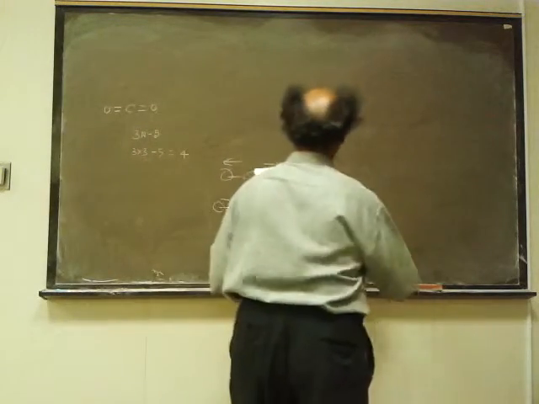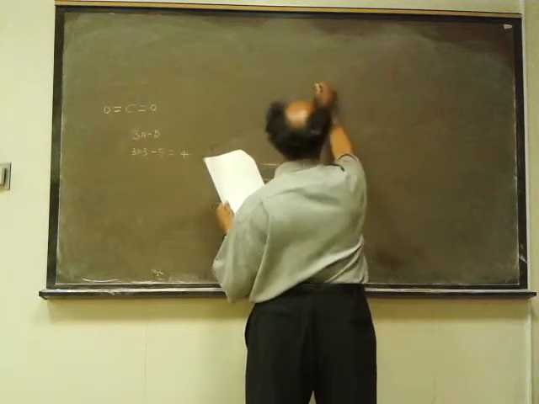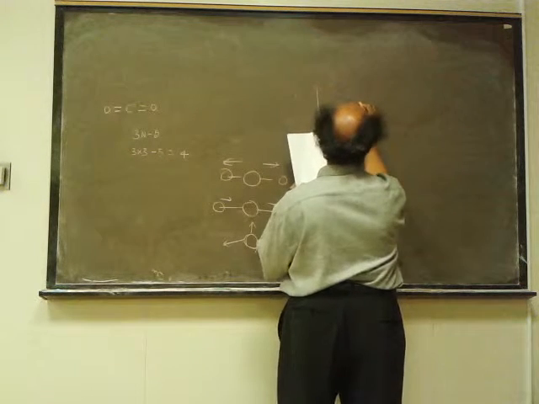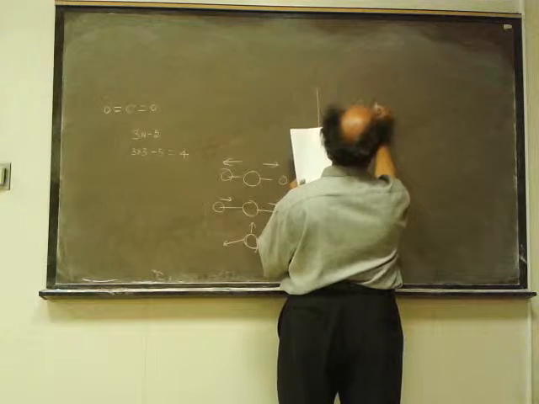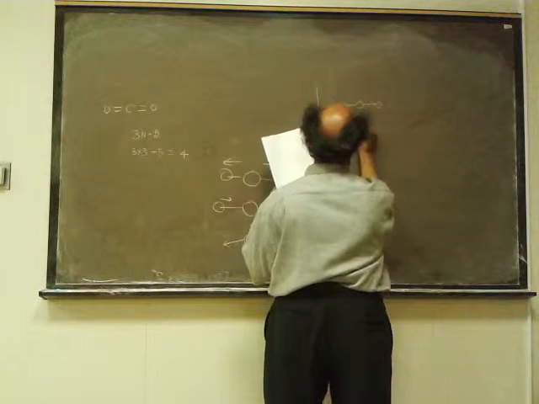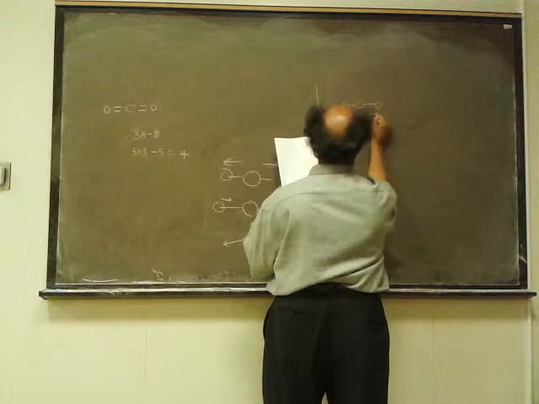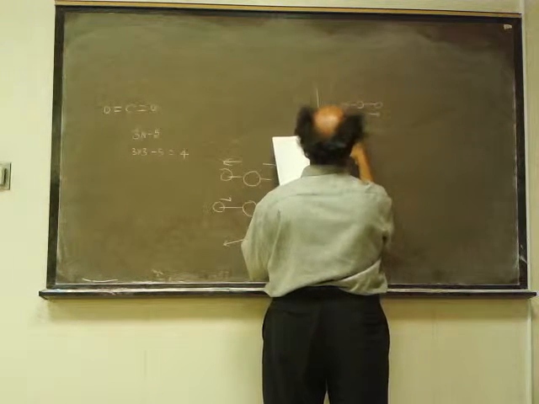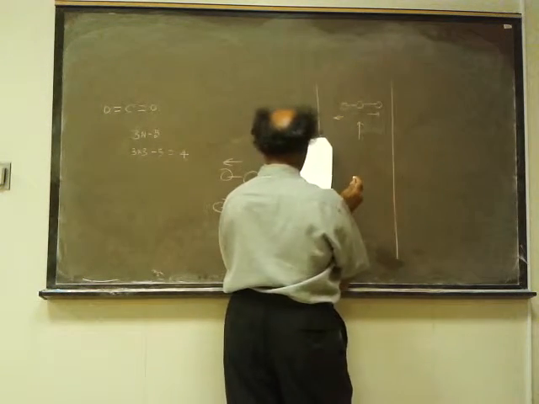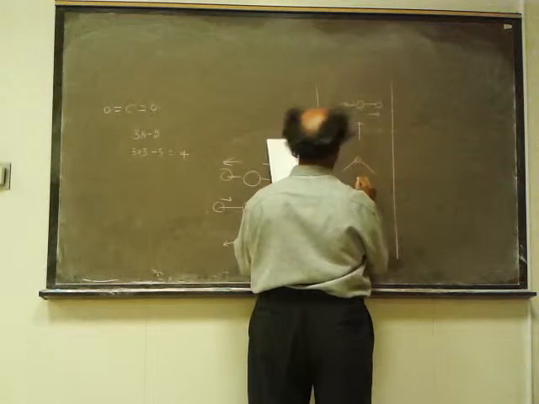I can represent this one in this diagram, a very good diagram. Now imagine light is coming like this. For this kind of configuration, when light is going here, this will go like this. It will push like this.